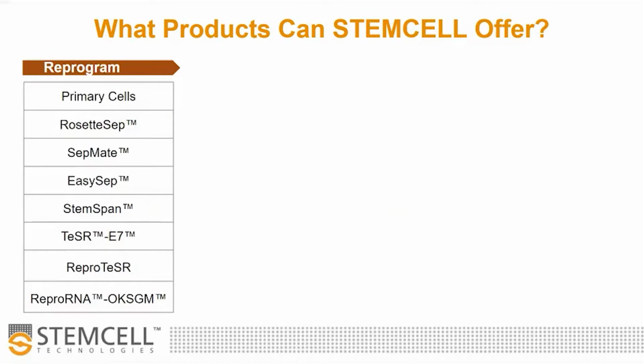However, we have since optimized a reprogramming medium, and that's ReproTeSR, and that's the main reprogramming medium that we would offer to our customers. And then about 5 years ago, we launched our very own RNA self-replicating non-integrating vector called ReproRNA-OKSGM, and we'll take a look at that workflow today as well.